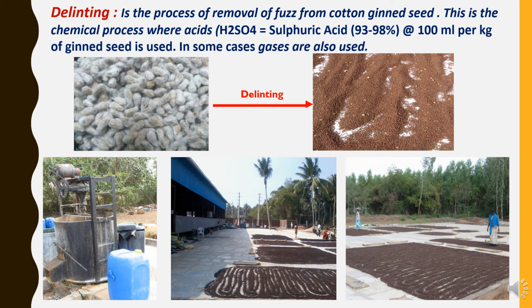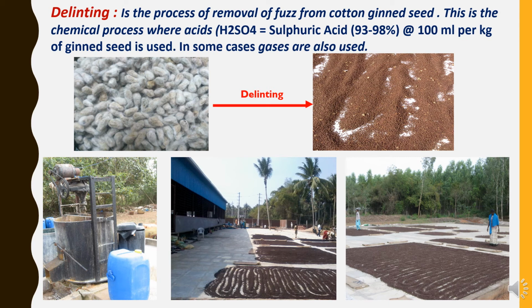In the de-linting process, the gin seed is mixed with sulfuric acid in a drum with rotating motors, and after mixing, lime water is added and it is run for approximately 3 to 5 minutes, depending upon the quantity of seeds. After that, the fuzz is washed out.